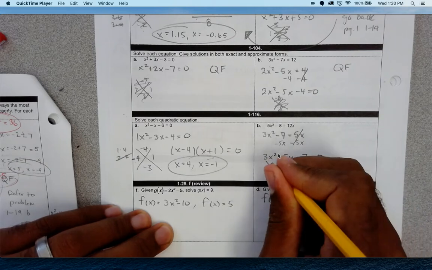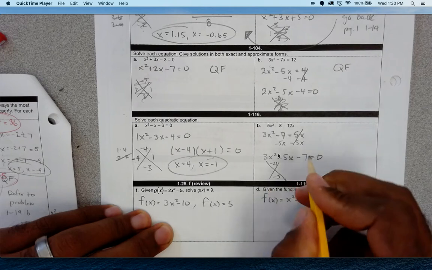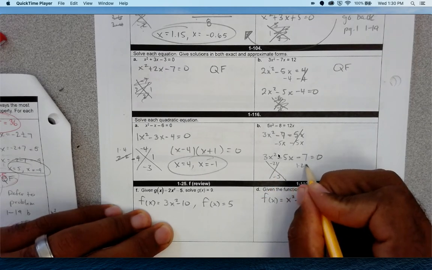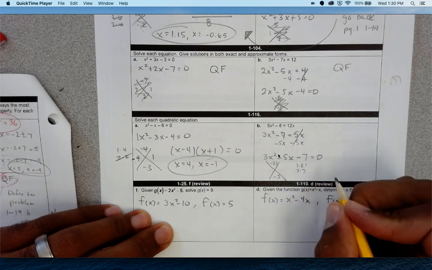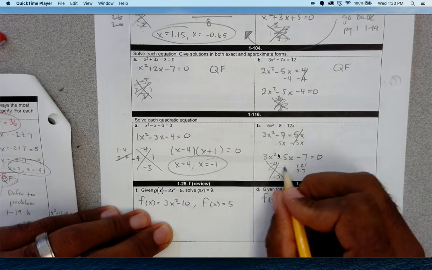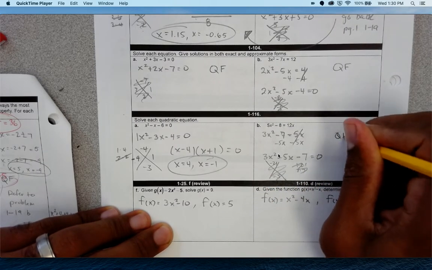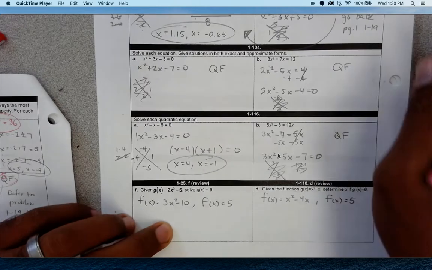So 3 times 7, a times c, and then negative 5 on the bottom. The numbers that multiply to 21 are 1 times 21 and 3 times 7. That's it. And none of these add up to 5. So guess what? Quadratic formula. Okay, so there are 4 different problems you're going to be practicing the quadratic formula with.